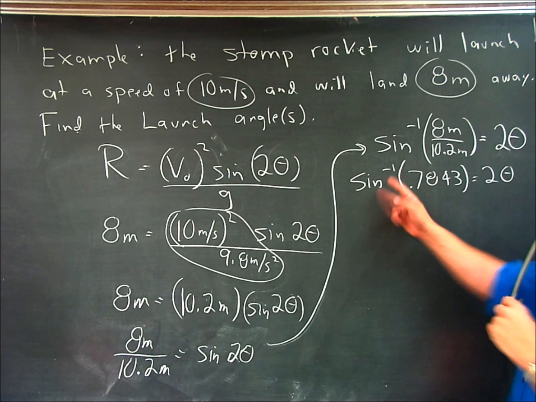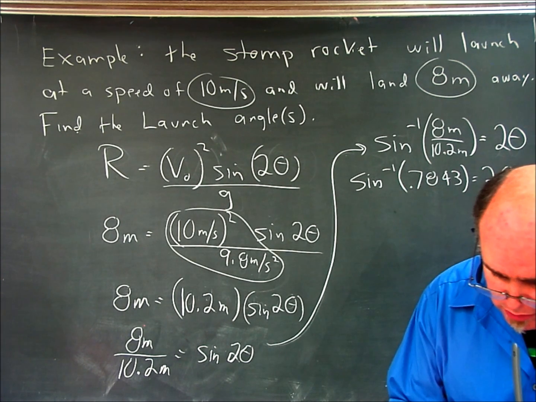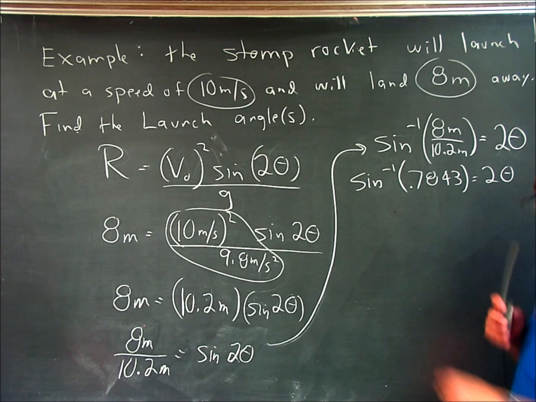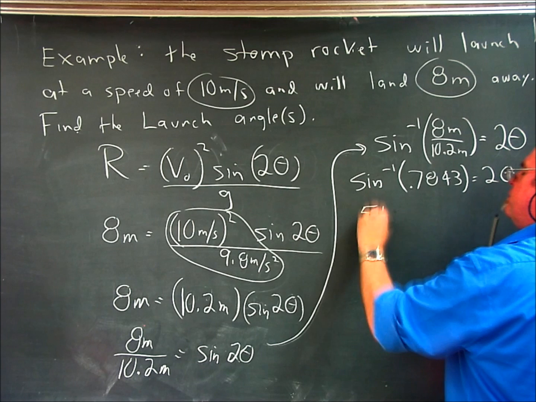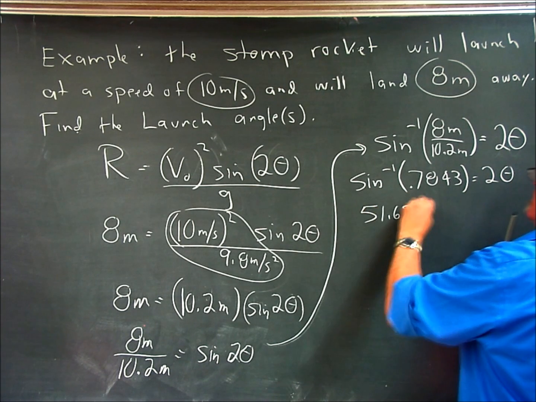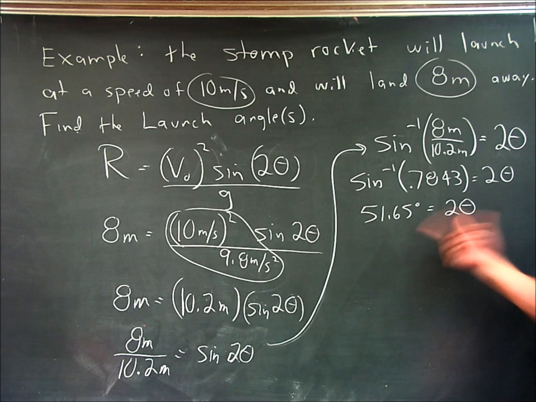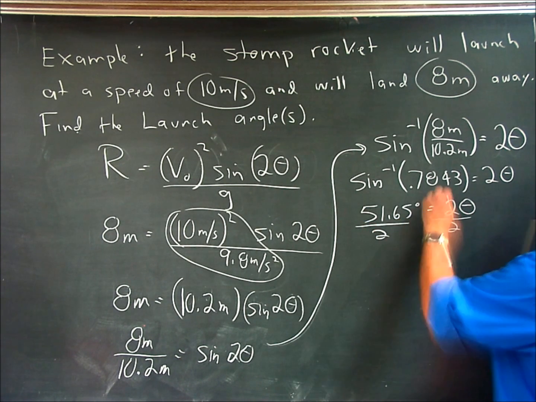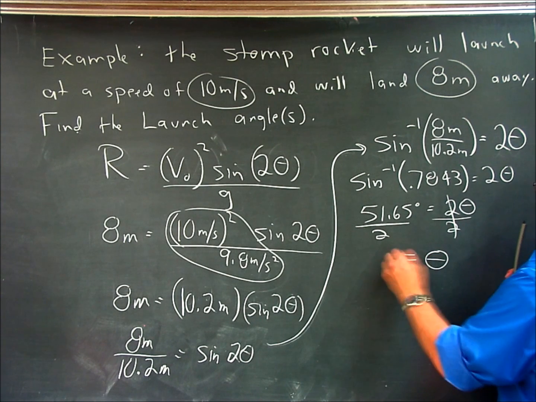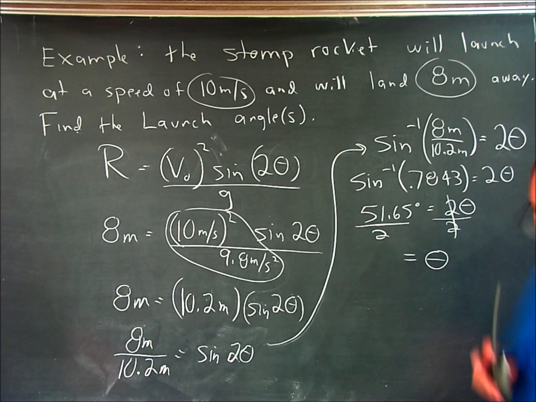When I take the inverse sine function, and I have to be in degree mode, it's 51.65. So if I want to get the angle, I divide both sides here by 2. So the angle would end up being whatever that is divided by 2, 25.82.